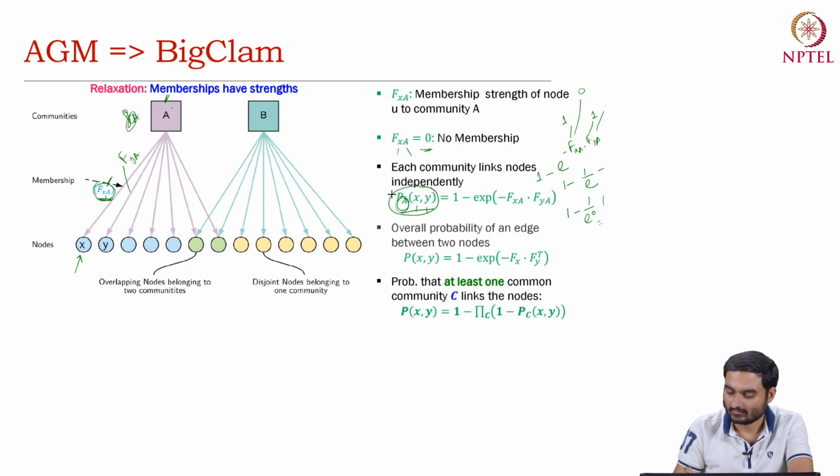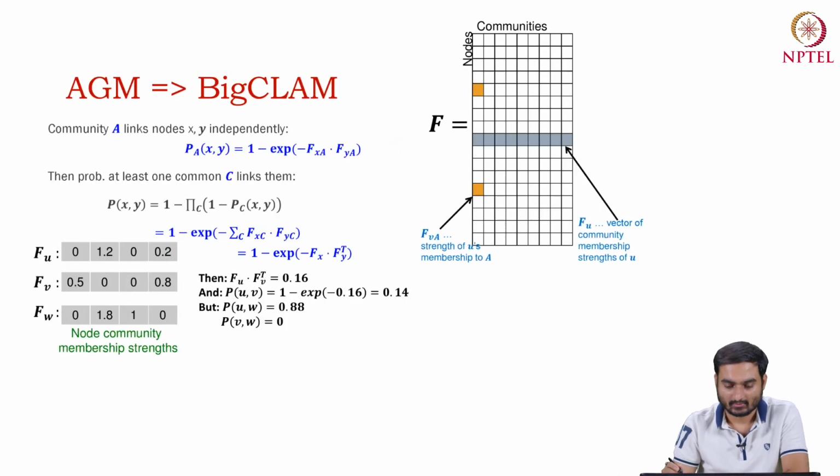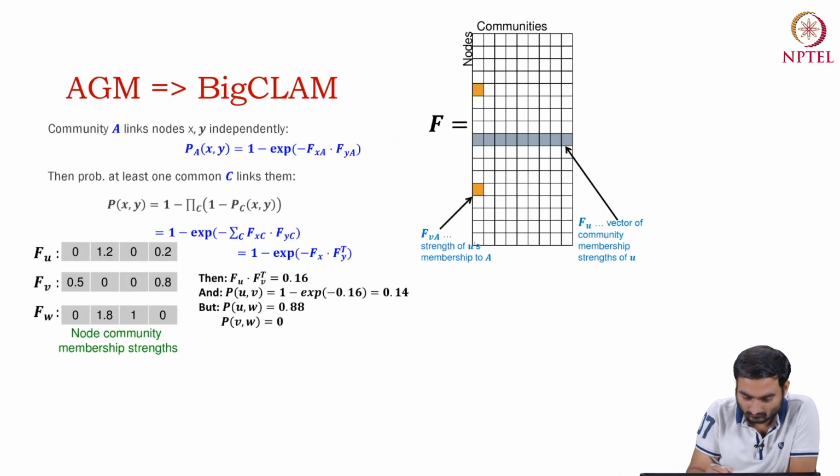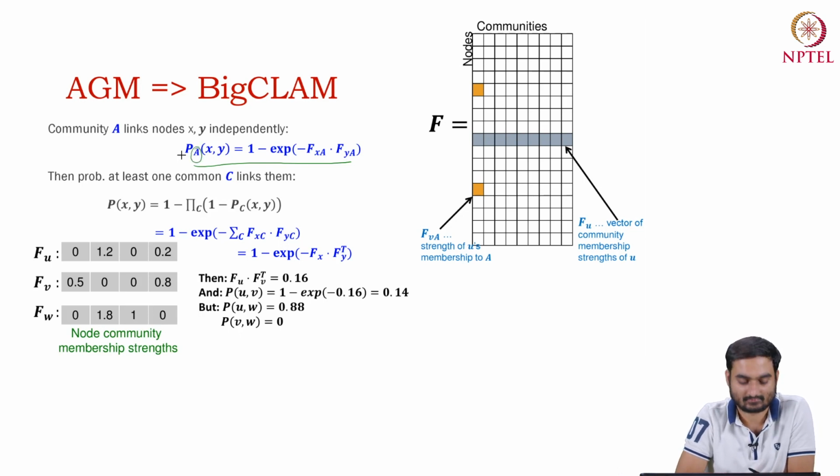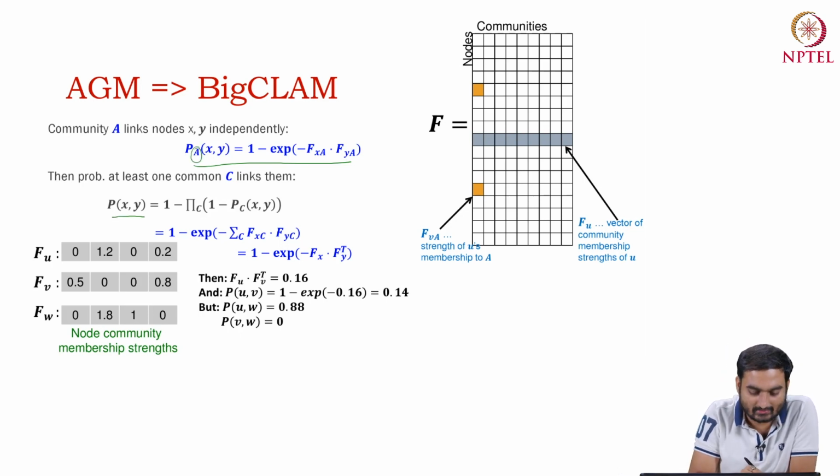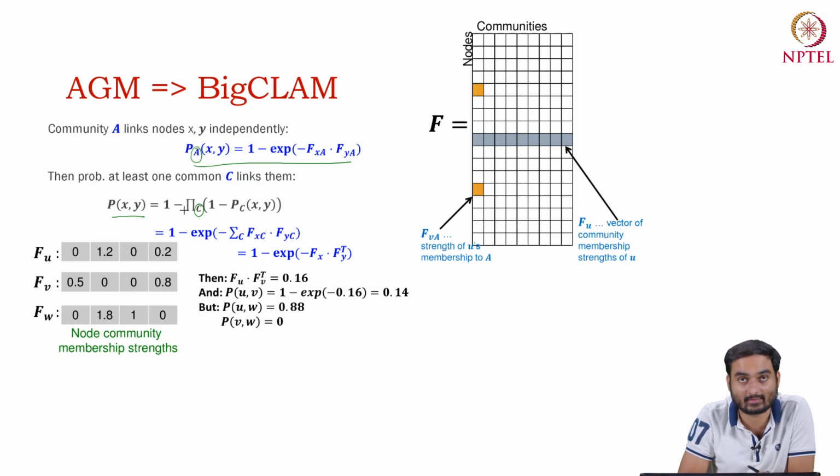Now this is due to one such community. So what is the probability that these two nodes are connected due to the other communities? This is for one community A, we have discussed. So what is the probability that both the nodes are connected due to all the communities? We basically do the same thing.